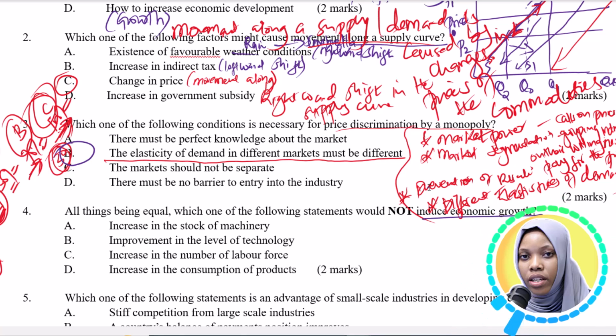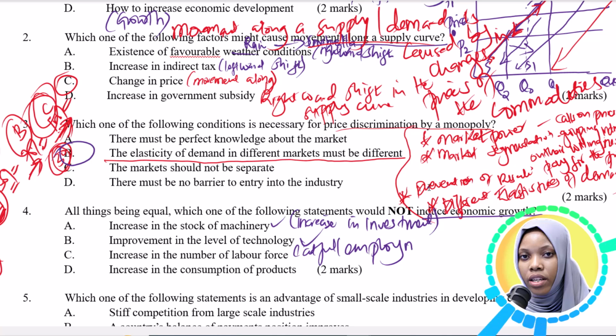All things being equal, which one of the following statements would not induce economic growth? If there's increase in the stock of machinery, then there's economic growth because there's increase in investment. Improvement in the level of technology is also an inducement of economic growth. Increase in labor force, maybe now we are almost at full employment, so this is also an inducement of economic growth.